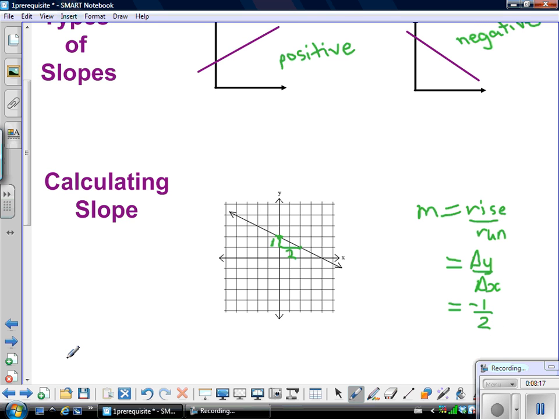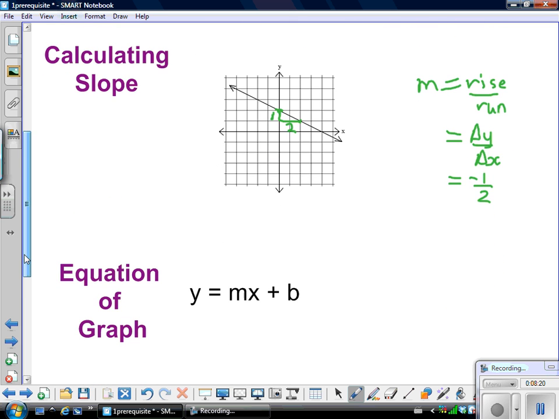Now, if I want to go further here and actually look at making an equation of this particular line, we know that we have the slope stands for m, so we would put that into here. We would leave our y and our x, but then I have to look at the b. Now, you know from grade 9 and 10 for sure that that b is your initial spot or it is your y-intercept.